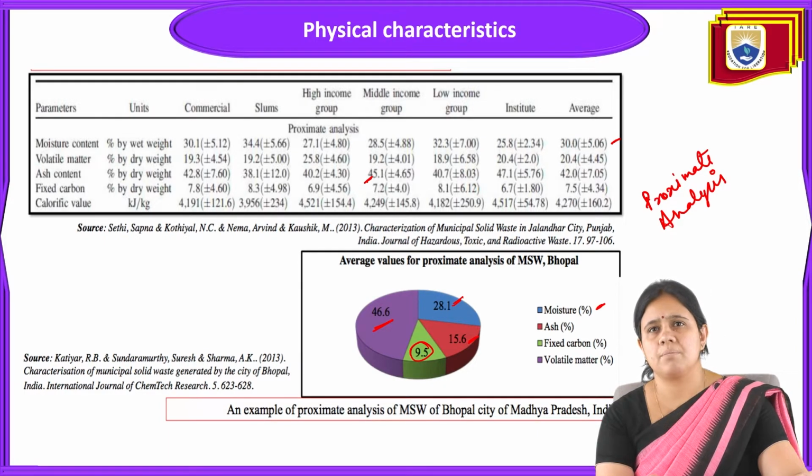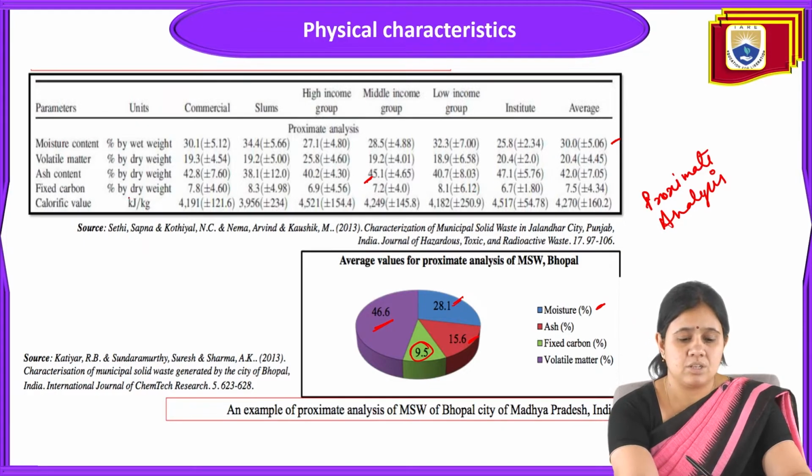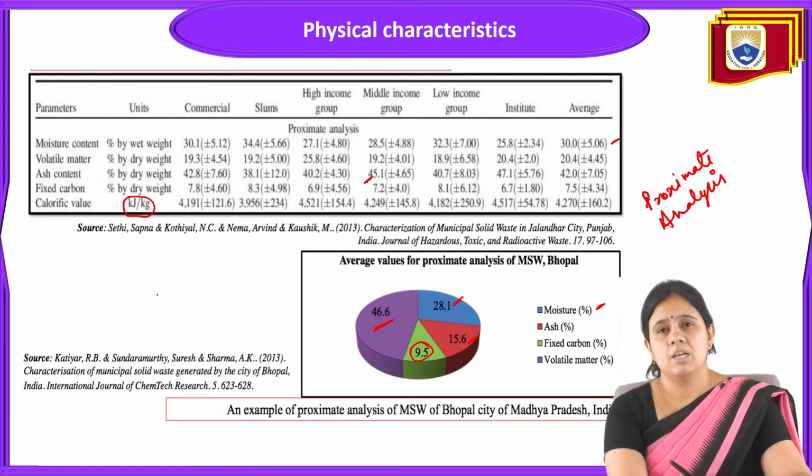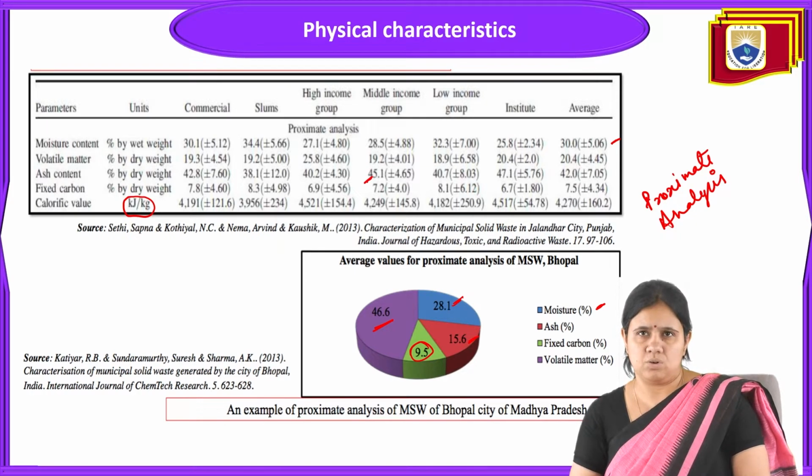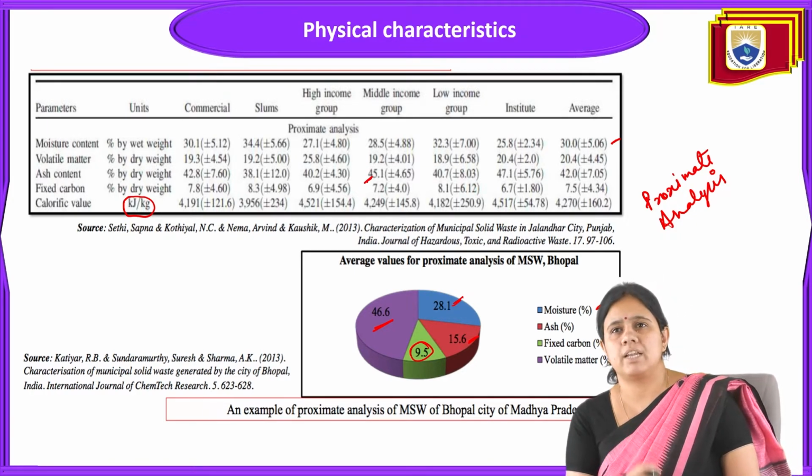Like that, fixed carbon, how much carbon is there, is in the range of 6 to 8 for all the waste, and on the basis of it the calorific value has been calculated. Calorific value is in kilojoule per gram, meaning per gram of waste, how much energy we are extracting.